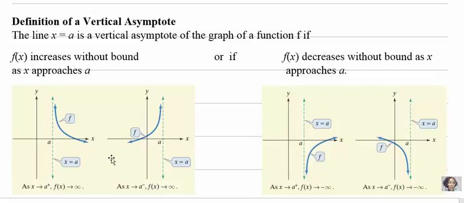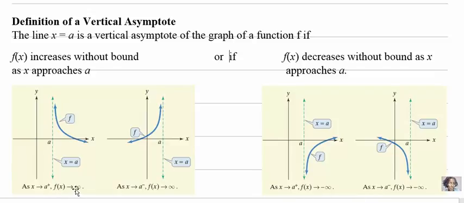So increasing without bound means your function values are going to infinity. Decreasing without bound means your function values are going to negative infinity. And you can be approaching your a value either from the right or from the left.